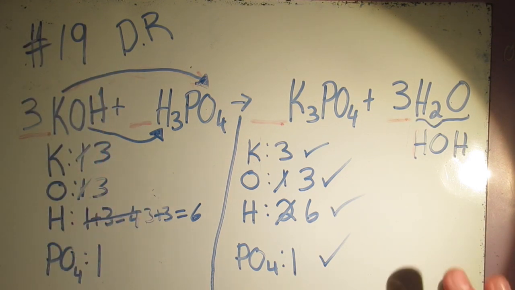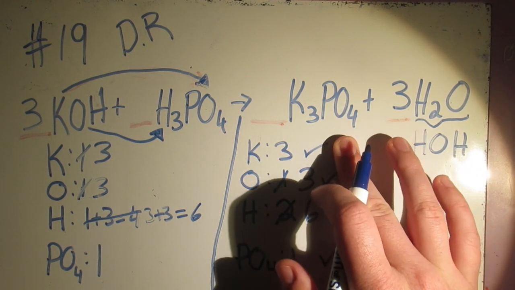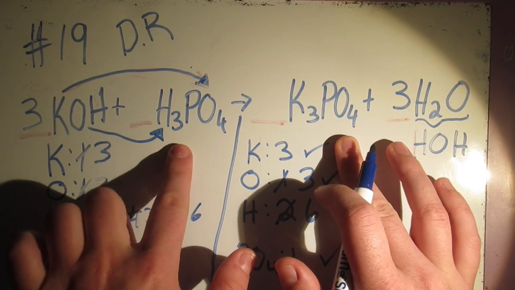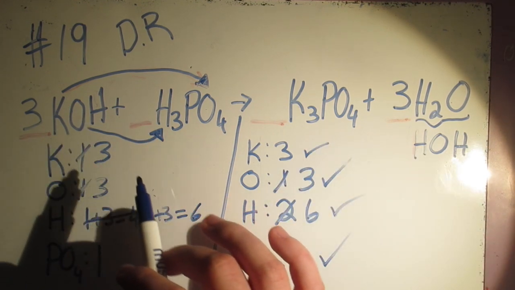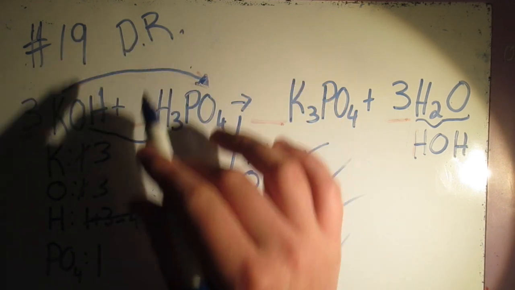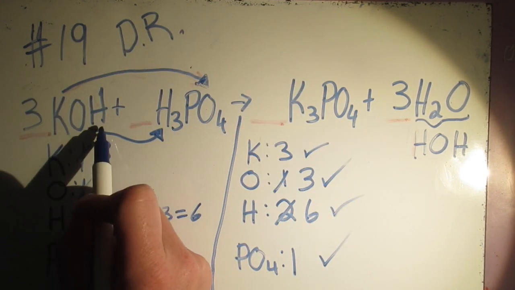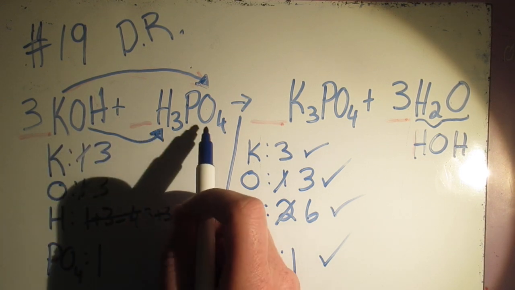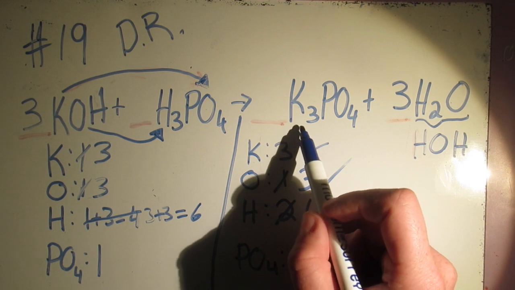But then we could be like, oh wait, but we made water and a salt. Is that a base and an acid? Oh my gosh, it is. So if you remember, it's a very specific type of double replacement reaction because you have a base and you have an acid that react together and they neutralize each other, and you end up with a salt.